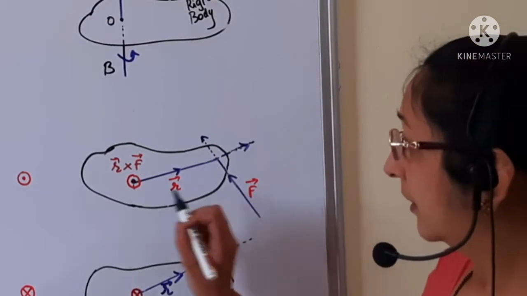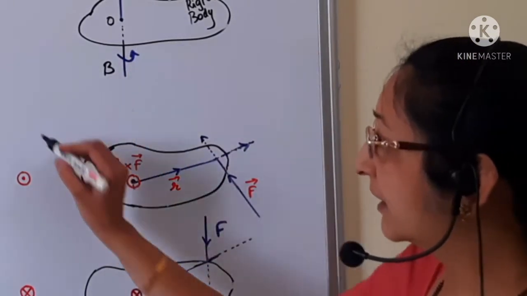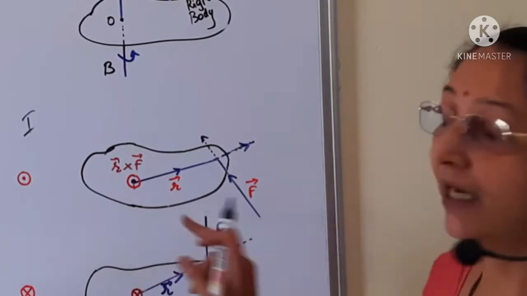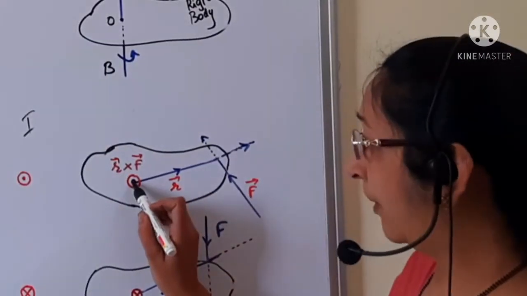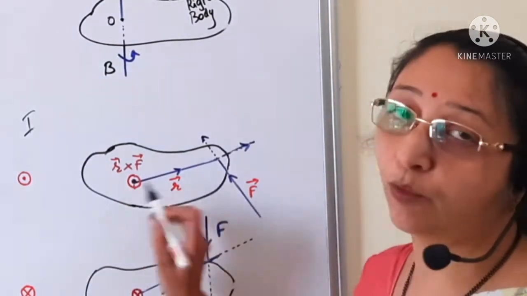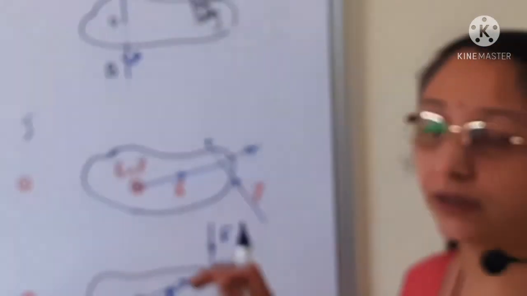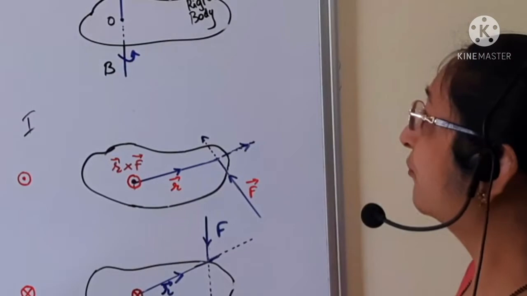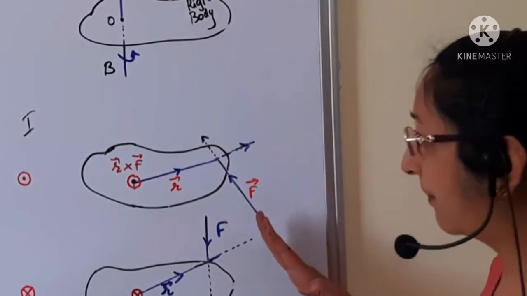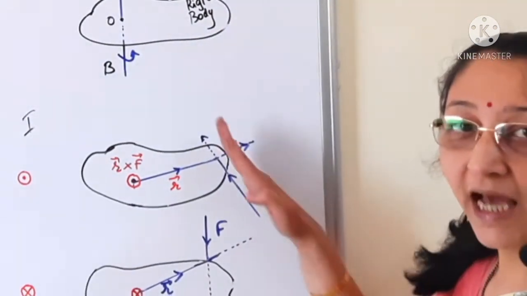Now, supposing, we will consider the case 1, where I am applying the force. Now, this is the axis about which the body will rotate. It is the same rigid body. I apply force in this direction.